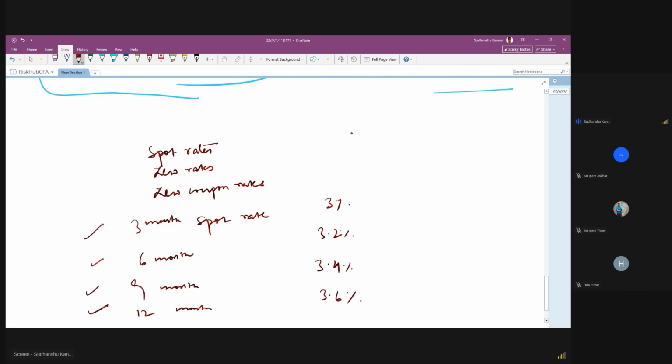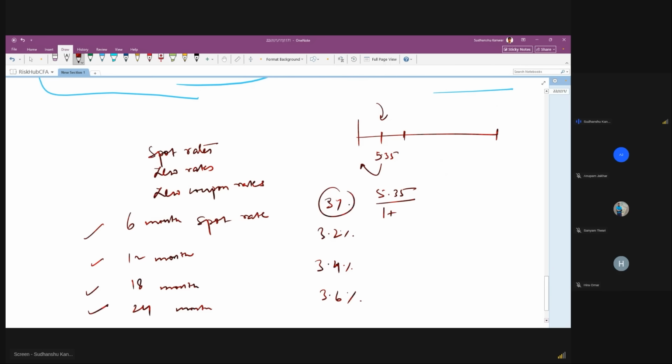So in the real world, if I have to discount my cash flows, let me make it as per the question. Let me make the spot rates simply 6 month, 12 month, 18 month, 24 month. My coupon of 5.35 in 6 months will be discounted by 1 plus the semi-annual spot rate, 0.03, raised to power 1.